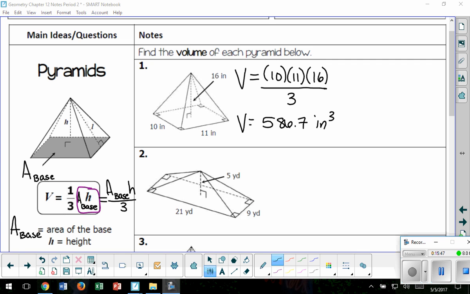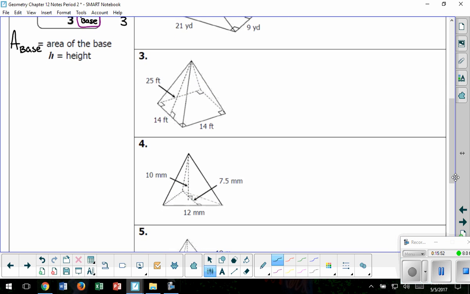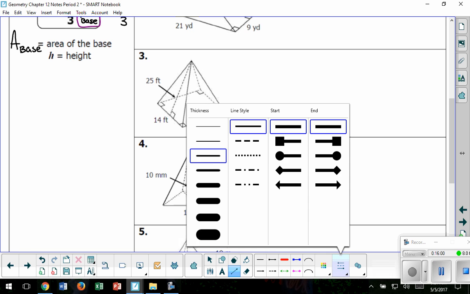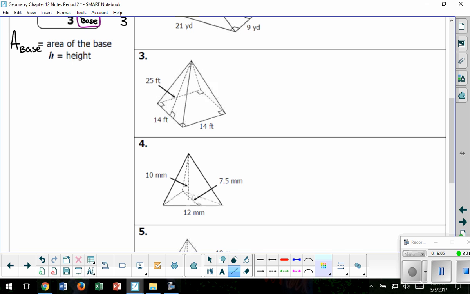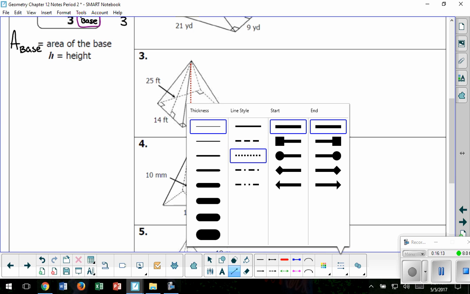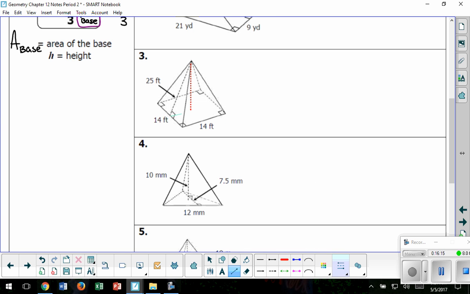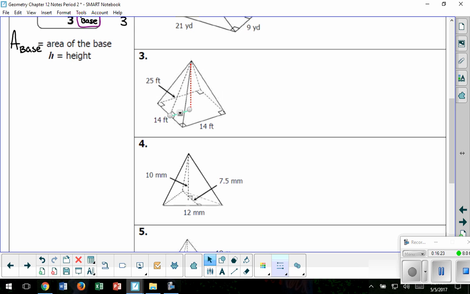Okay? Now, that's if they give you the height, but let's say, number 3, they give you the slant height. Okay, they give you the slant height. Okay. No big deal. That means that you need to find this height by doing Pythagorean theorem.